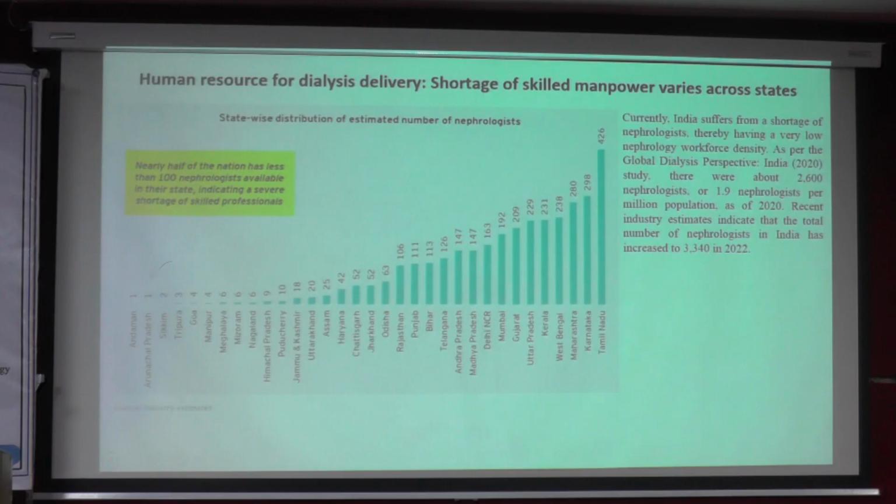You cannot find nephrologists like diabetologists or other physicians or gynecologists. In Assam the number is 25. In Tamil Nadu the number is good. In the big cities you can find a good number of nephrologists, but in small or average cities, there are fewer.